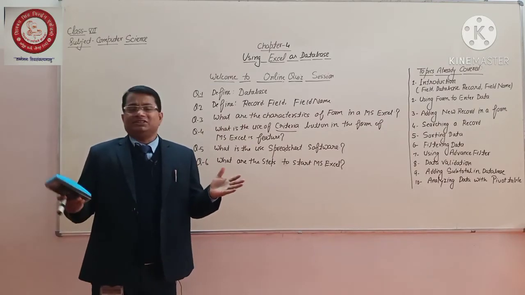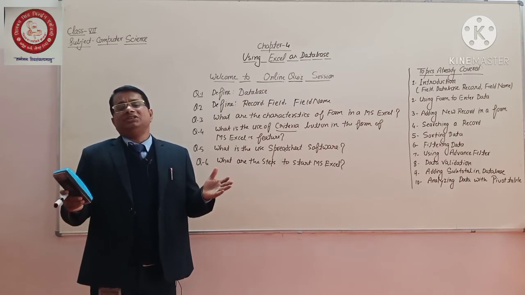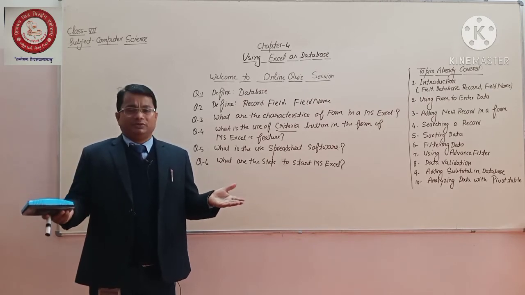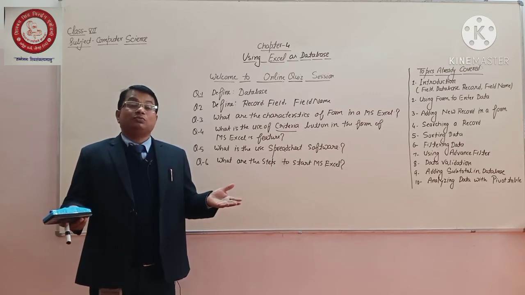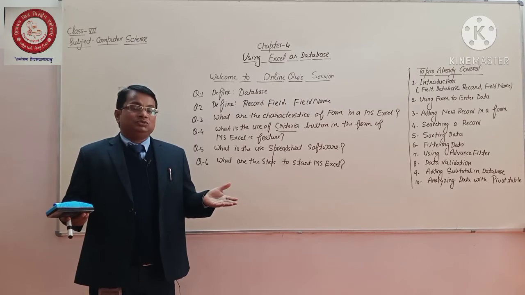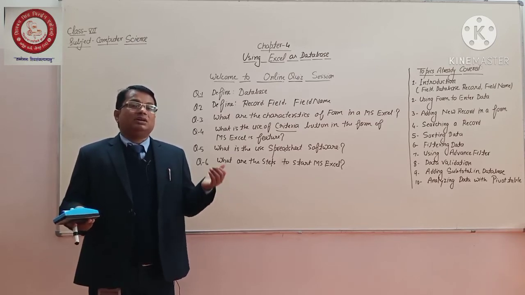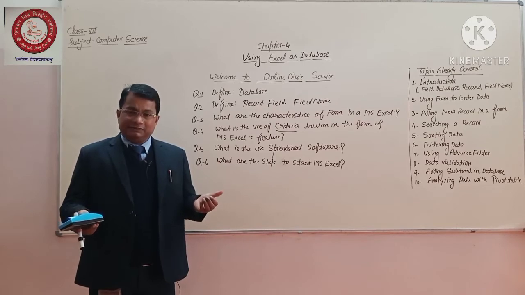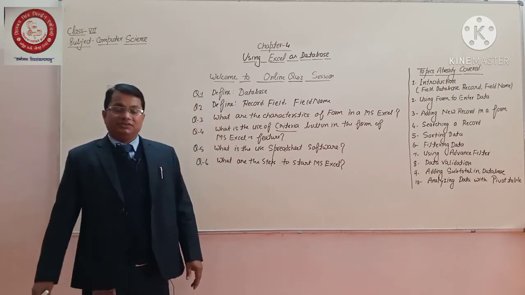Database is a collection of information and it is used for different purposes. If you want to create a database of students, you can create it. One kind of records, one kind of information, that is called the database.